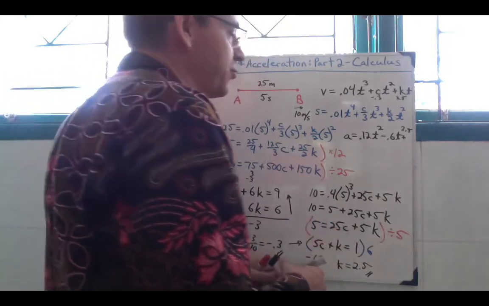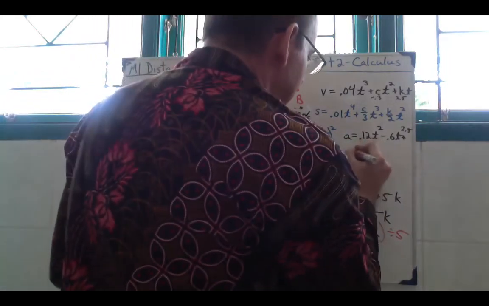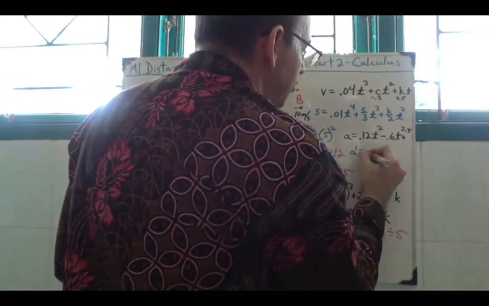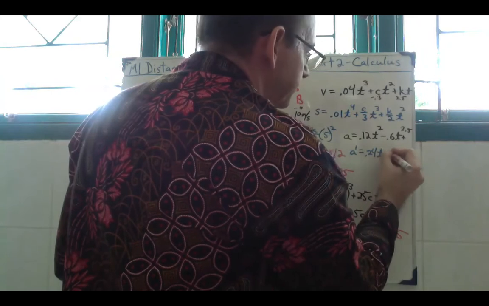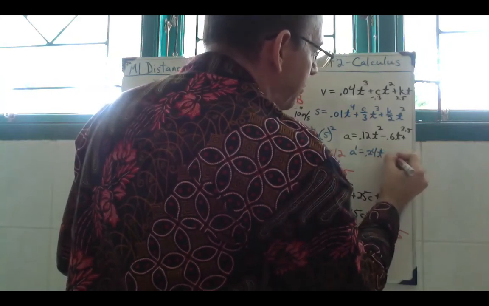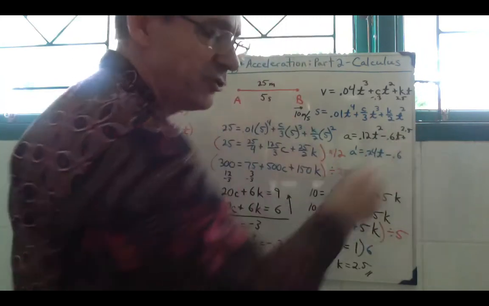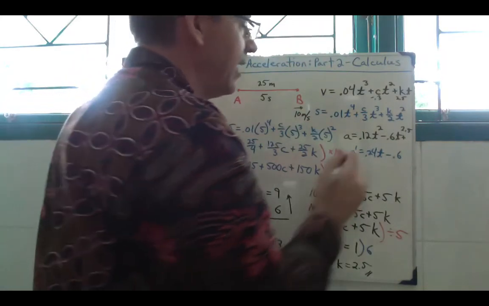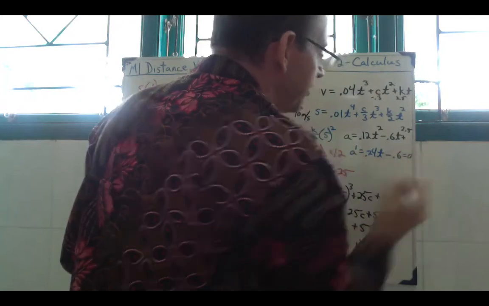So if we take the derivative of that, we get a prime equals 0.24t minus 0.6. And then the 2.5 goes away because the derivative of a constant is 0. And then we want to set this equal to 0.